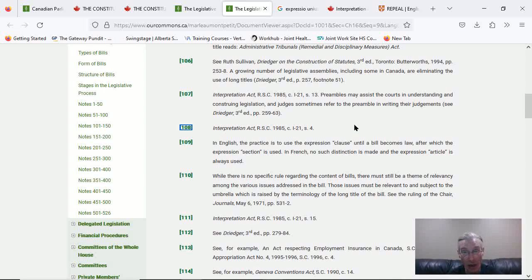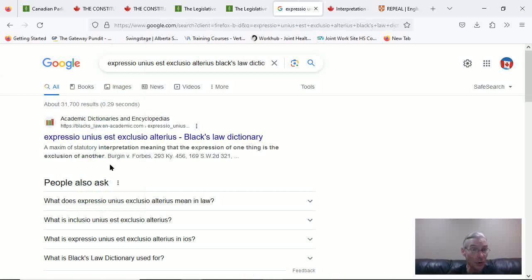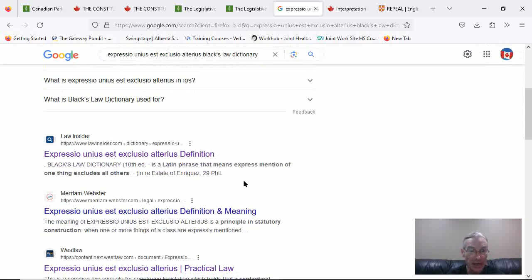It's a maxim of law, and it's very important. Expressio unius est exclusio alterius. Latin is so cool. A maxim of statutory interpretation, meaning that the expression of one thing is the exclusion of another. And if we look at more definitions, Black's Law Dictionary says it is a Latin phrase that means express mention of one thing excludes all others. Keep that in mind.